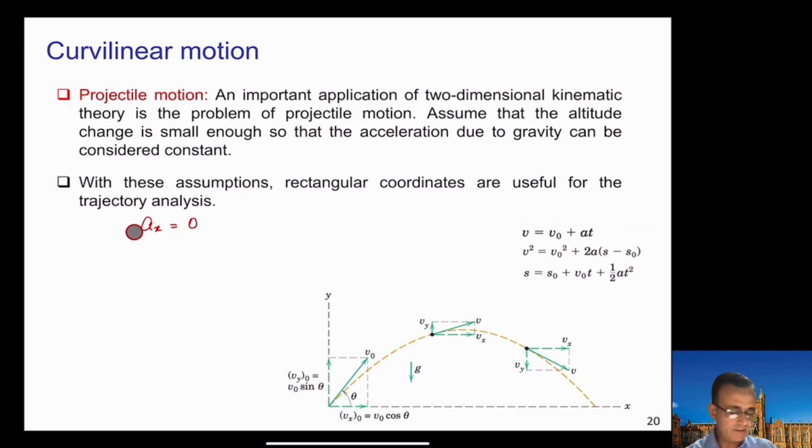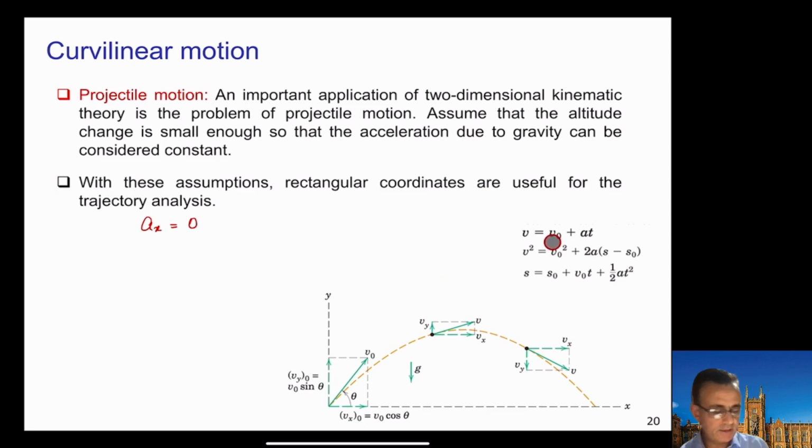There is no acceleration in the x direction, so ax is 0. So if ax is 0, this means that the velocity in the x direction will remain constant. So this means that vx naught should be equal to vx here.